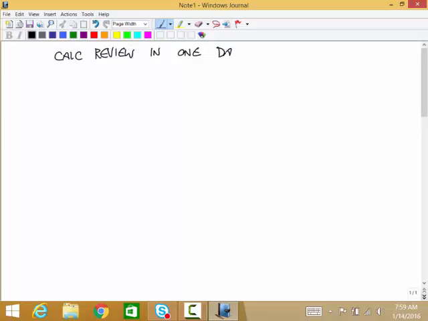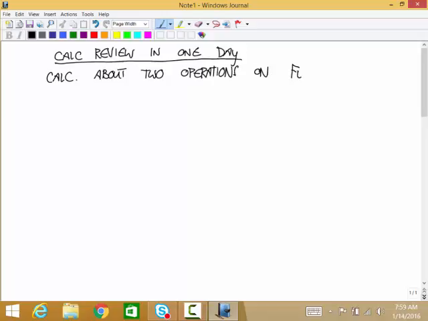In one day. So calculus is about two different types of operations on functions. And these are functions of a single independent variable.